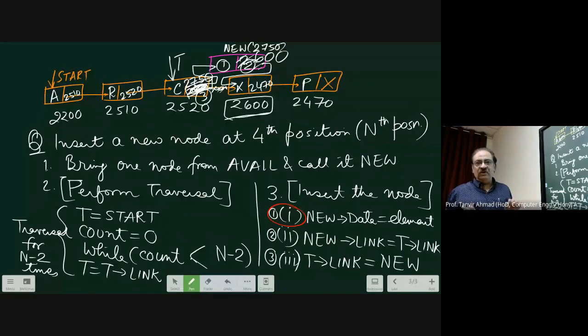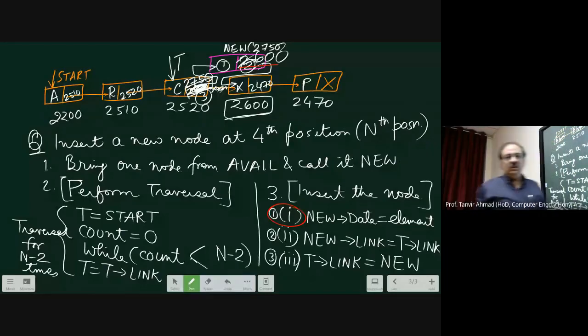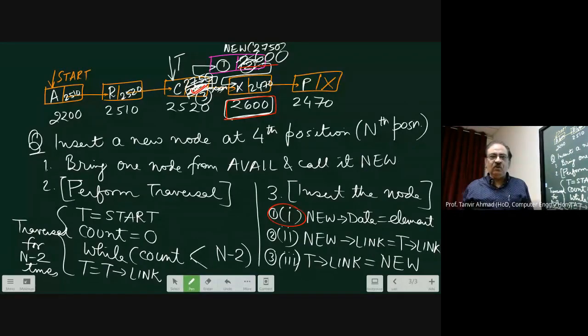That once you are going to modify this part, then you modify the C part. Because here what I told you, that this 2600 is stored over here. If you are going to remove that part, you will lose 2600, because 2600 is stored at the link part of T. If you modify the link part of T, then 2600 will be lost.